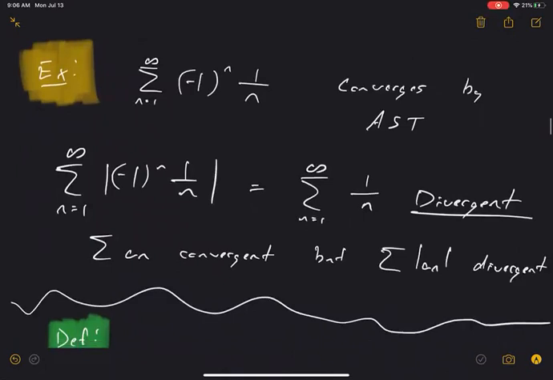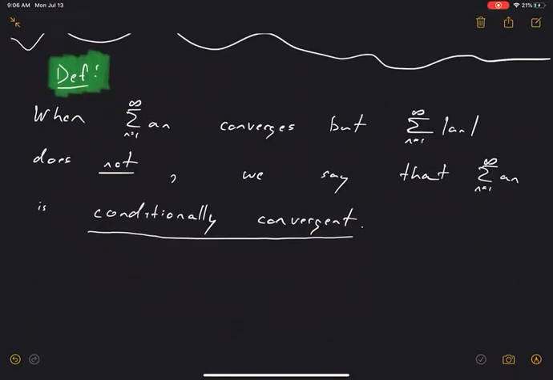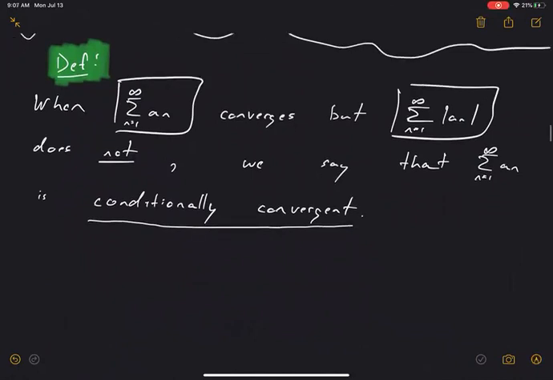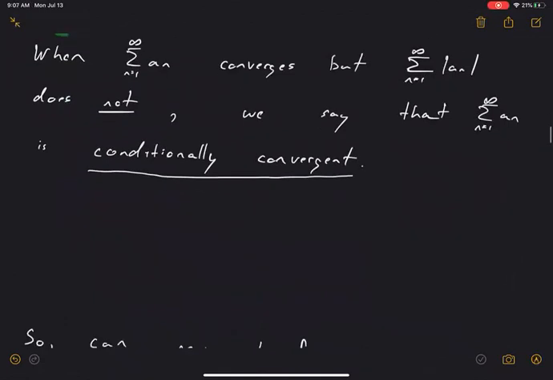Okay. And there's a special name for this scenario. When our original series a sub n converges, but the series of absolute values diverges, we say that this original series is conditionally convergent, okay? Meaning it really depends, right? It's conditional on those negatives that might be living inside this series. Okay, so we say it's conditionally convergent.